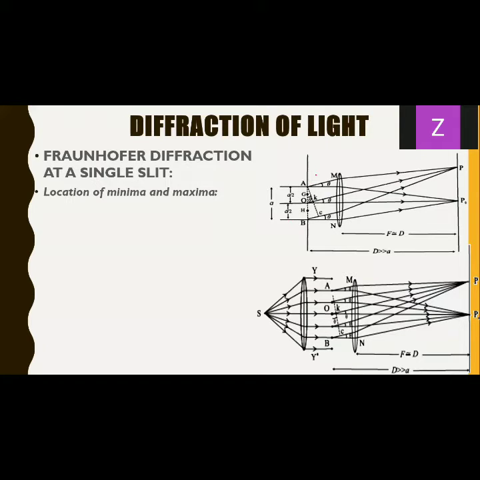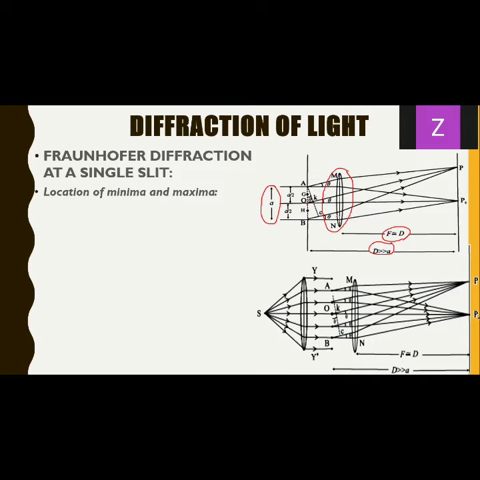This AB is a slit which we have considered, where O stands for the midpoint of the slit. Now, what is the width of the slit? It is given by this a. What is the distance between the slit and the screen? It is given by D, which is approximately equal to the focal length of the convex lens which is used. Now, we have two different paths.